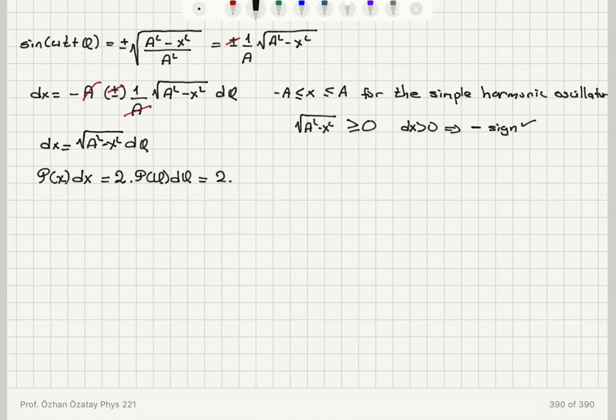The probability distribution function of phi is not really a function of phi, it's the same for all angles. It is 1 over 2 pi, and for d phi I'm going to write dx divided by square root a squared minus x squared. These 2's will cancel, and therefore I will find that the probability distribution function of x dx is 1 over pi a squared minus x squared to the power minus 1/2 dx.